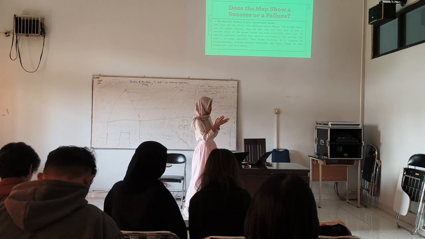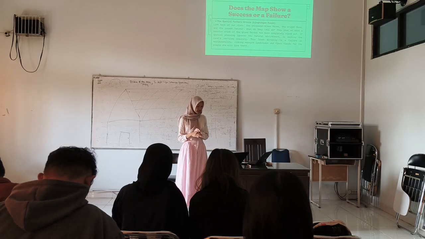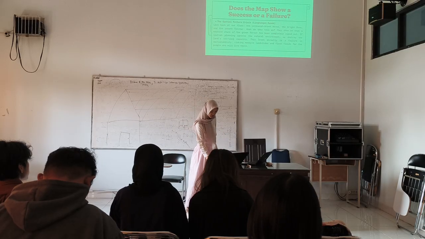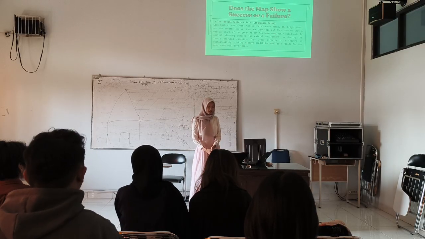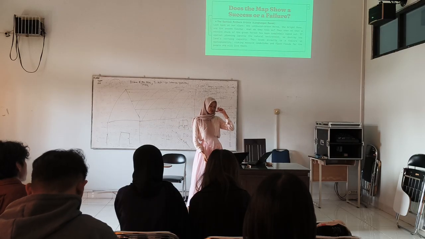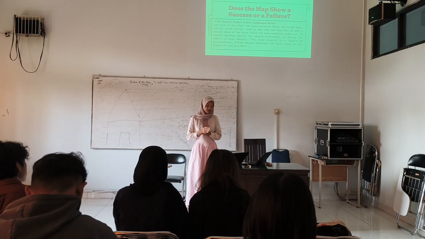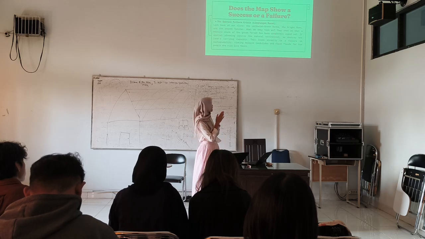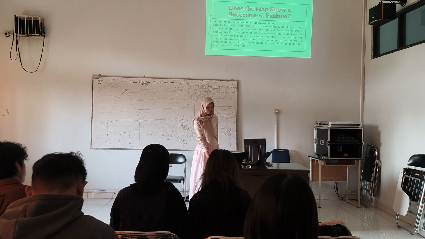What do they tell us? They show us that a massive chunk of green forest has been completely wiped out. If spatial planning ignores the natural environment, we destroy the land's carrying capacity. This leads directly to a failure in sustainability, risking massive landslides and flash floods.